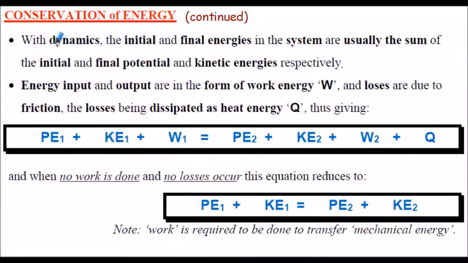With dynamics, the initial and final energies in the system are usually the sum of the initial and final potential and kinetic energies, respectively.